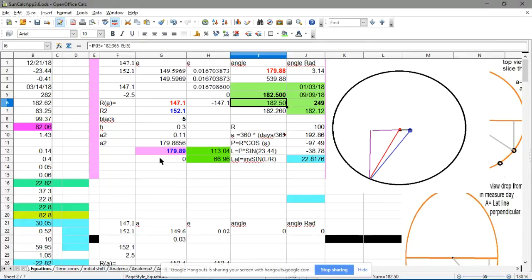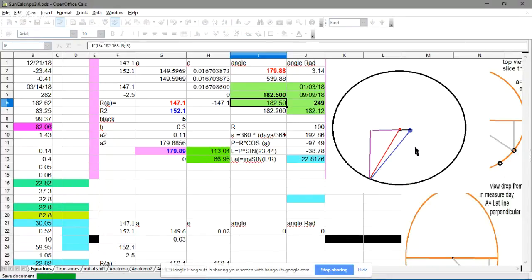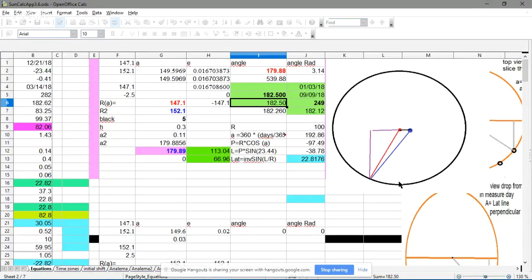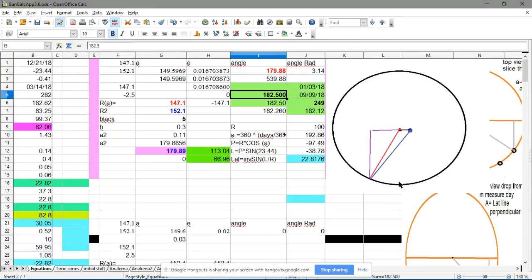So the maximum difference between the angle of looking to the sun and looking to the empty focus is when the Earth is around this area. So it's around 270 degrees. So let's say the day 272. Yeah, that's it. You got it. The maximum is around 1 degree, point 91.